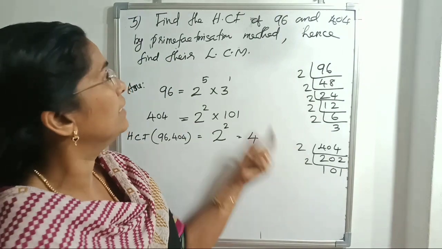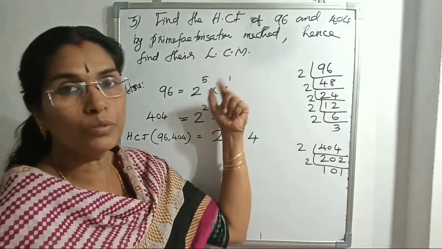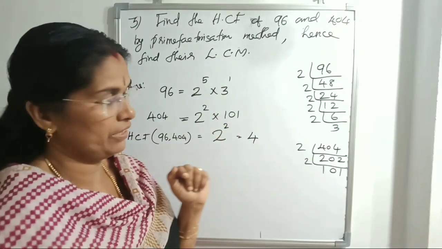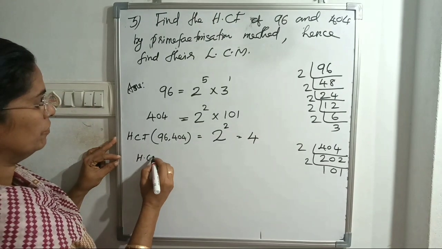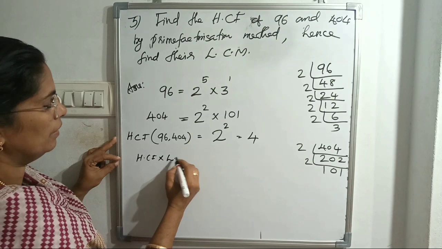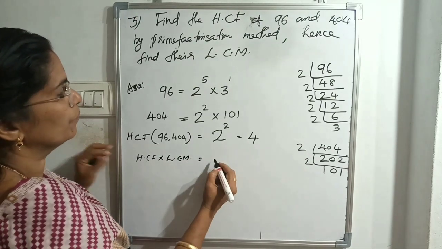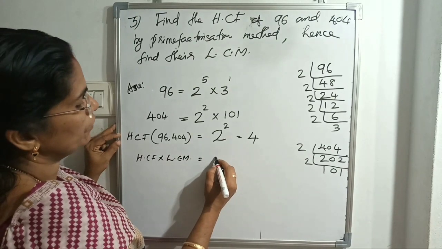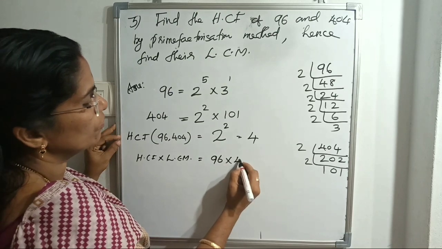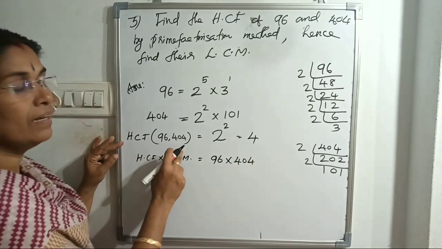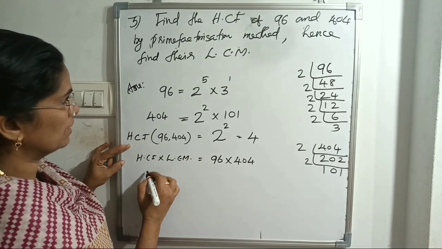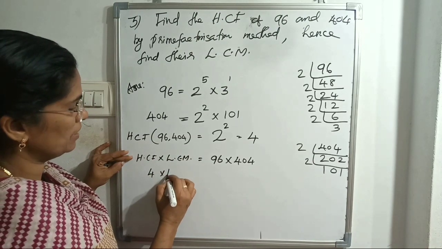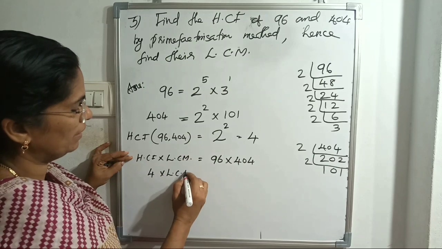Now we have to find the LCM using that equation. That is, HCF into LCM is equal to product of two numbers, 96 into 404. You have to write the formula here. After that you have to apply the values. HCF is 4. LCM is not given, you have to find LCM.